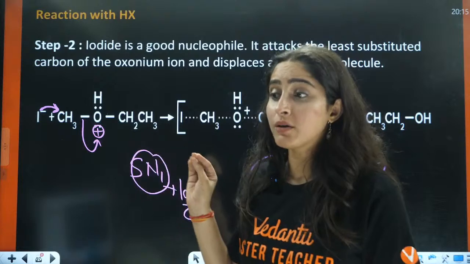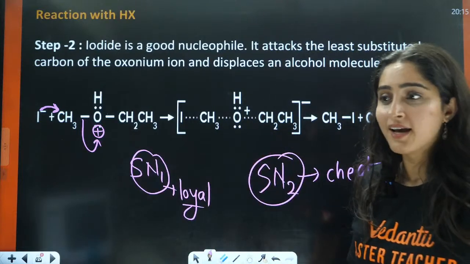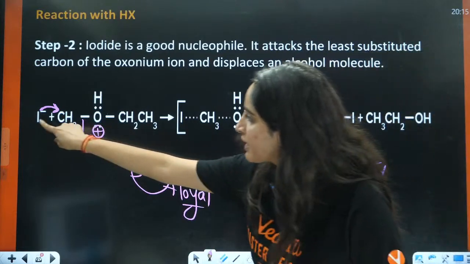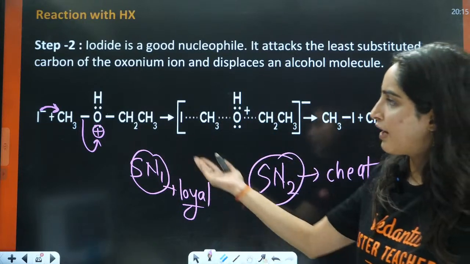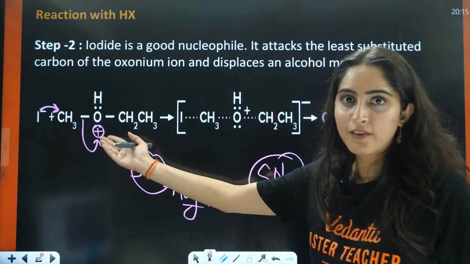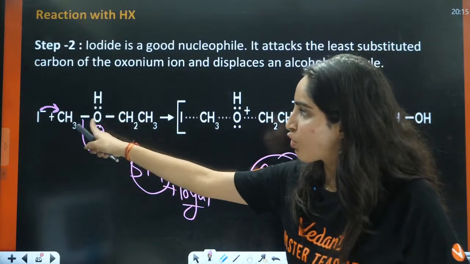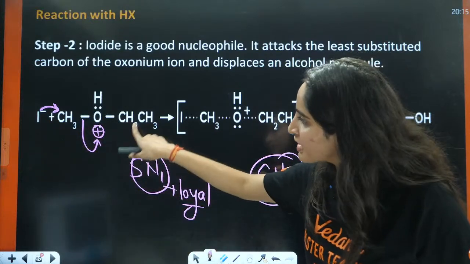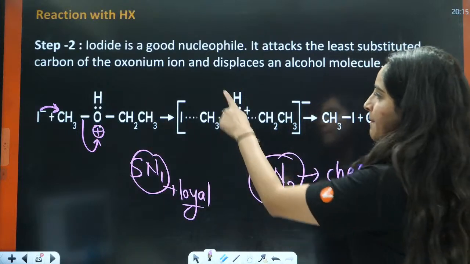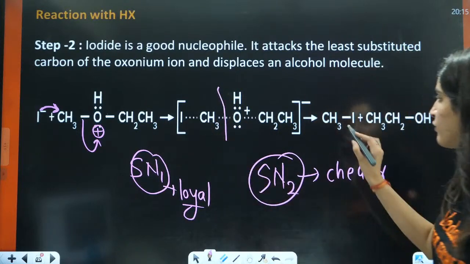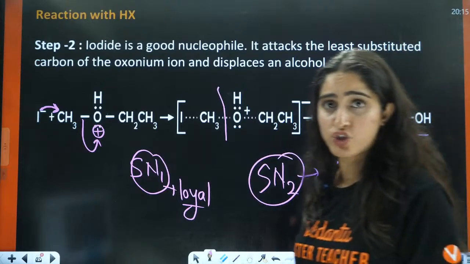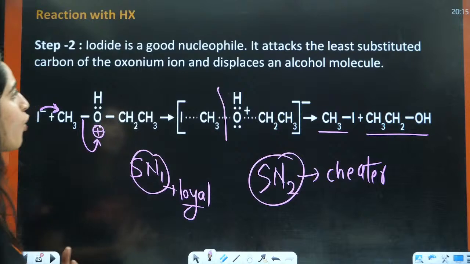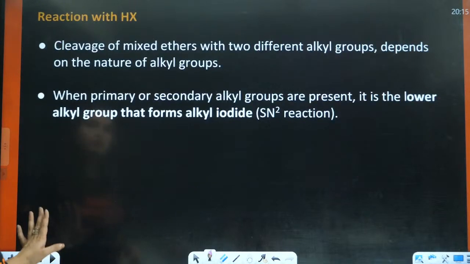The one who has entered, because of which this oxygen has cheated on the CH2CH3, will make a bond in the end. You will have the formation of CH3I and CH3CH2OH. So that is the mechanism.